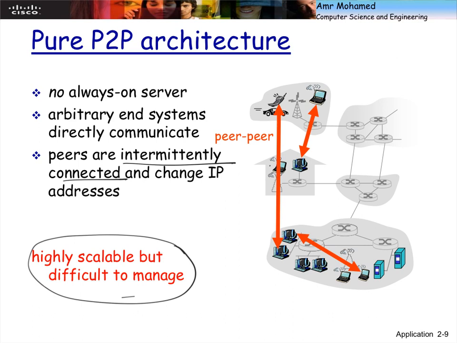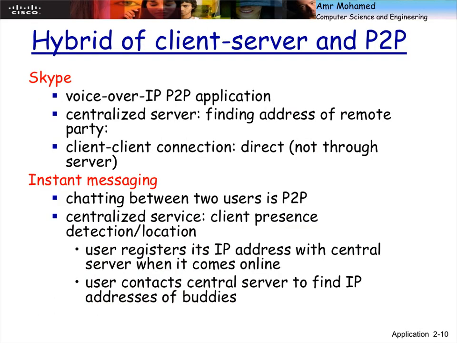I don't have this information. So the management of all these peers, and which peer is available at any point in time, is really hard. We need someone with a global picture, okay? And that's why I have this hybrid.